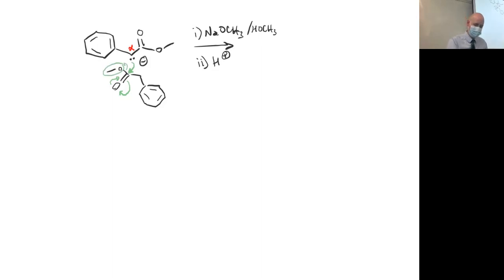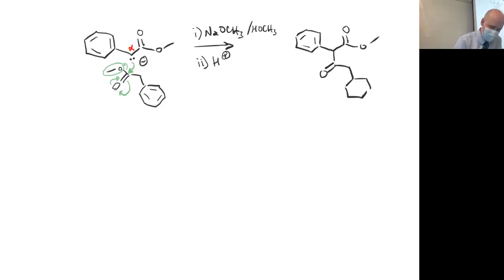No, that's a little crowded. Oh, I can't zoom in on the whiteboard. So we're going to go ahead and draw out our nucleophile exactly how it was. And I'm going to have attached at that alpha carbon a carbonyl and then a CH2 and then benzene ring. So hopefully we are just checking the thing that you did at the end of the video, and hopefully that's what you got.